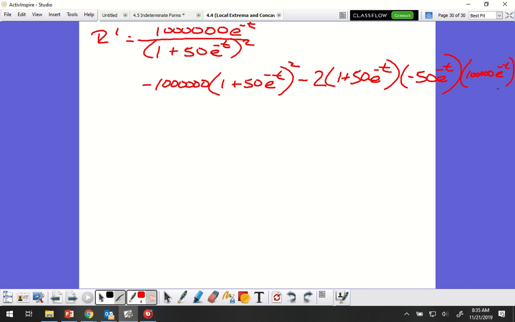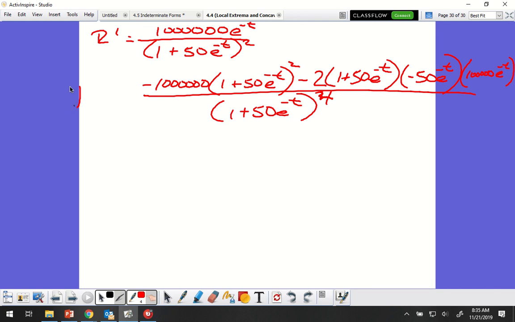All that's going to be over 1 plus 50 e to the negative t squared, squared, which gives me the fourth. So I should have some place where my derivative is equal to 0. So it's going to be my R double prime.